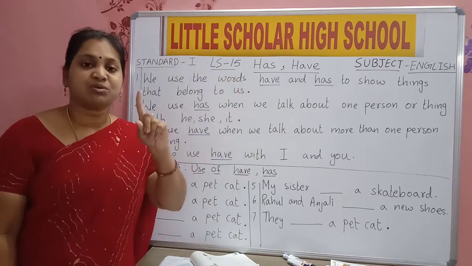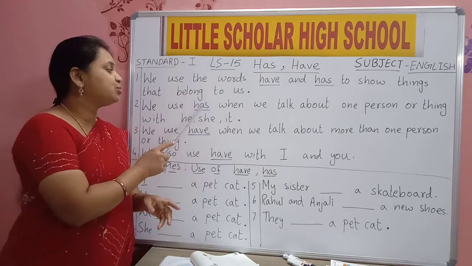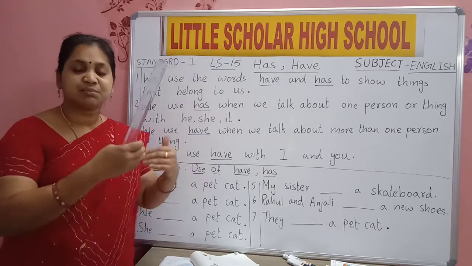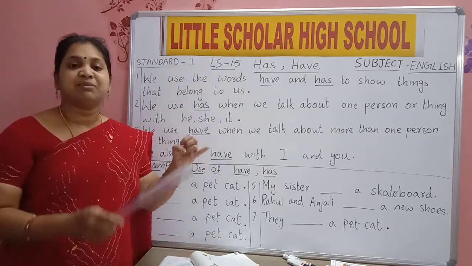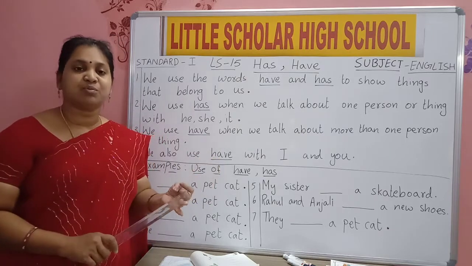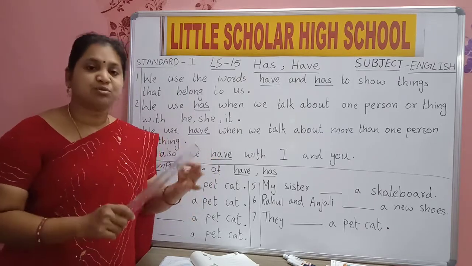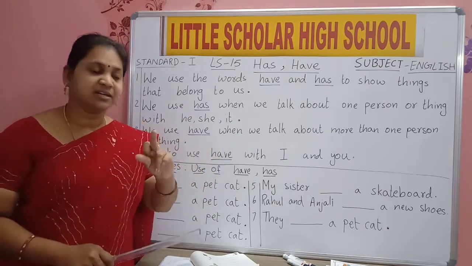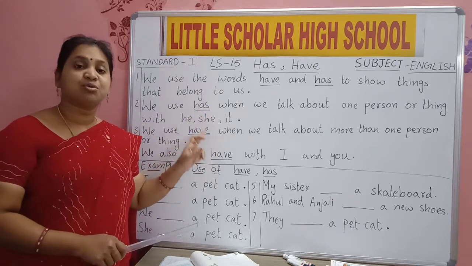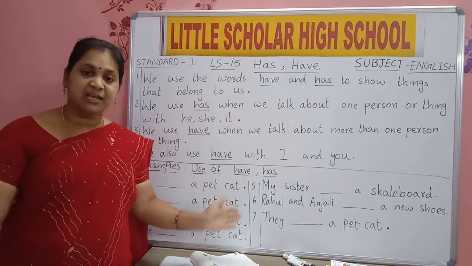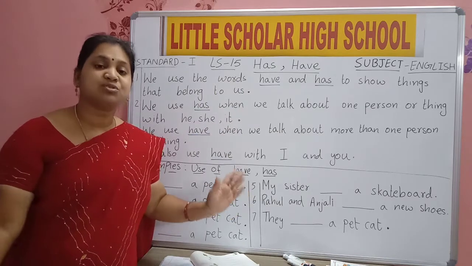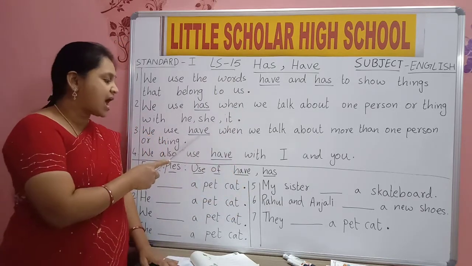When we talk about one person or one thing, we use has to show the things belonging to someone. It may be one girl or one boy or one thing. To show the things belonging to one, we use has. To show the things belonging to many, we use have.